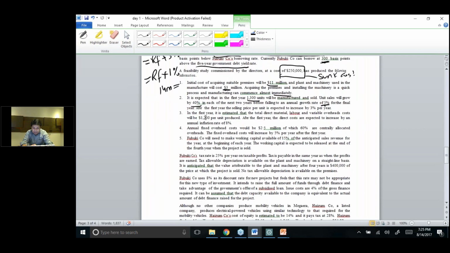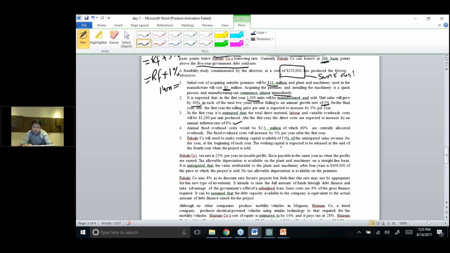Okay, in the first year it is estimated that direct material, labor and variable overhead cost is 1200, and every year it will increase with 8%. Annual fixed overhead cost is 2.5 million, of which 40% is relevant because 60% belongs to centrally allocated overheads.